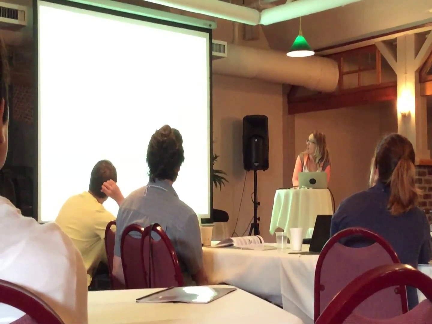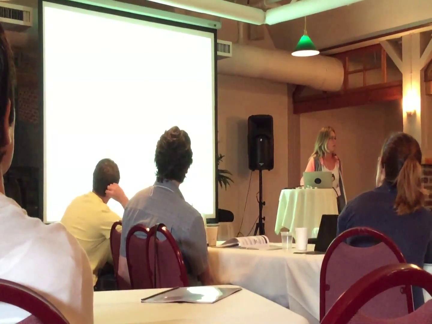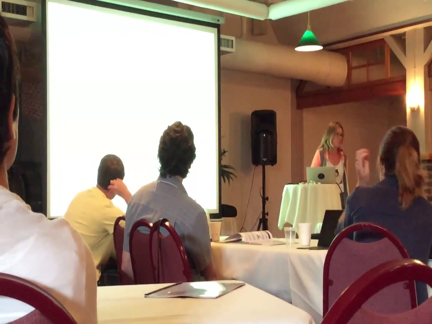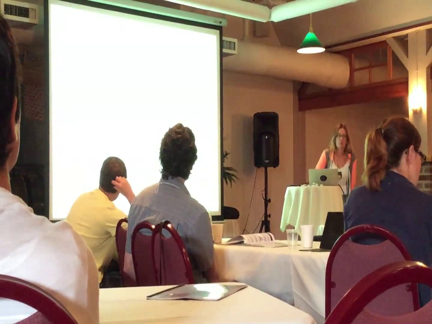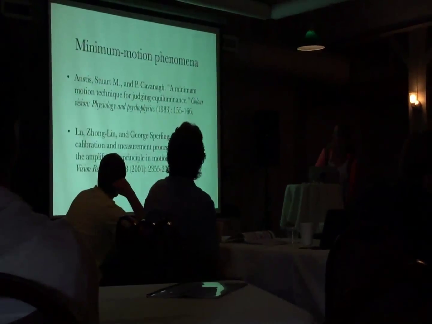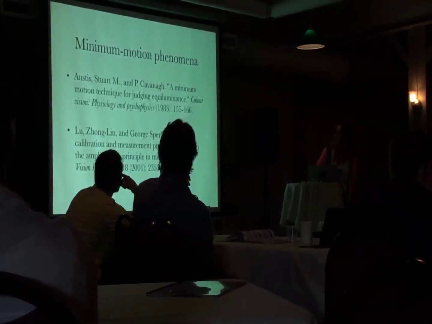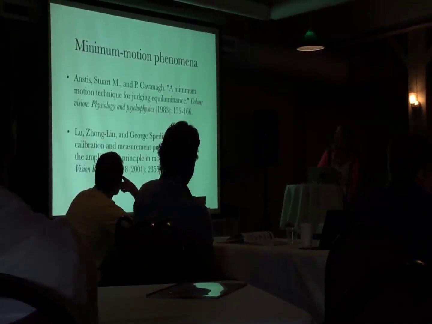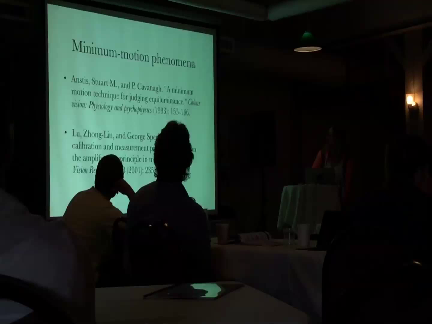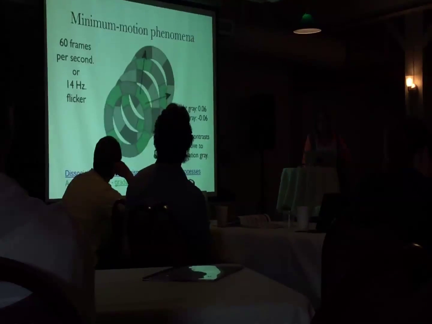And so in this particular project, we asked whether or not we could use something like a minimal motion phenomenon in order to assess whether or not there are differences in the types of perception that you get across these different genotypes and phenotypes. Minimal motion phenomena is an established paradigm that's very reliable and sensitive. Anstis and Kavanaugh originally published on it, and then Sperling has done quite a bit, as well as Chubb.